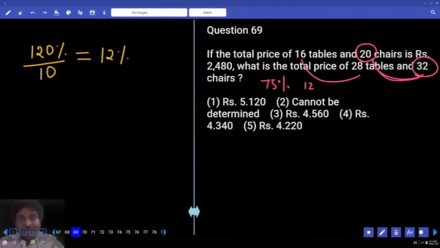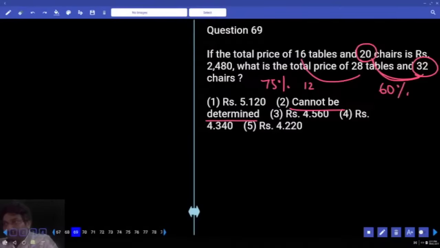Increment is 12, which is 60%, not equal to 75. If both increase by 75%, price increases by 75%. If both increase by 60%, price increases by 60%. But both are different. So answer cannot be determined. Is it clear?